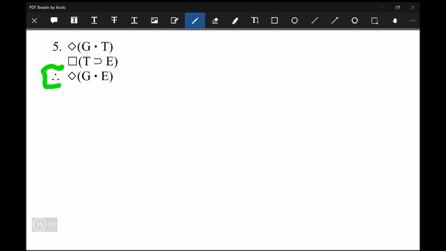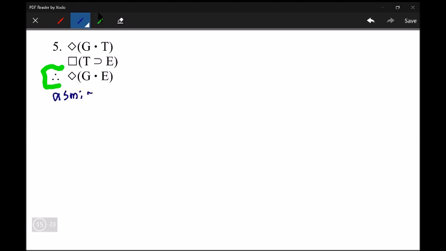Assume the opposite. So assume not possible G and E. So then what do you do? You reverse the squiggle. Therefore necessary not G and E. And then you drop the diamond.